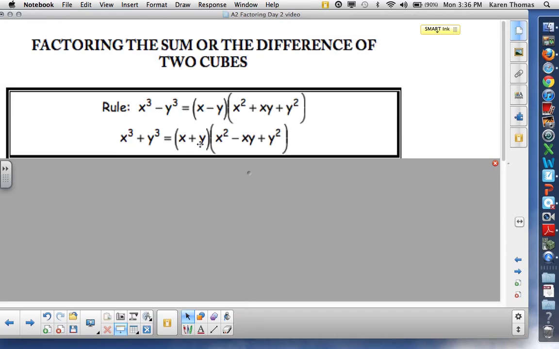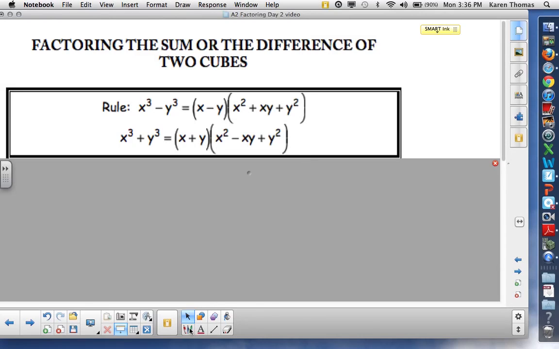I take my second term, multiply the two together, write it as the middle term of my trinomial, and then square the last term and write y squared. My pattern for the signs of the sum of two cubes is plus, minus, plus, or same, opposite, plus.